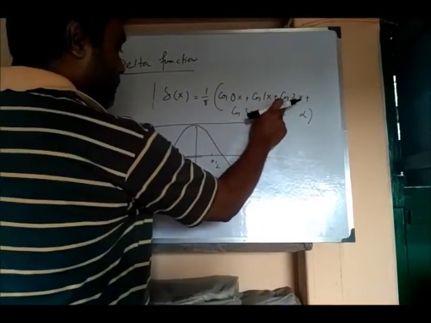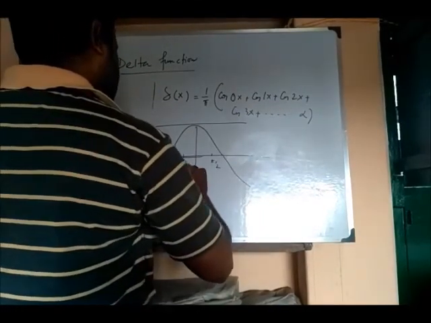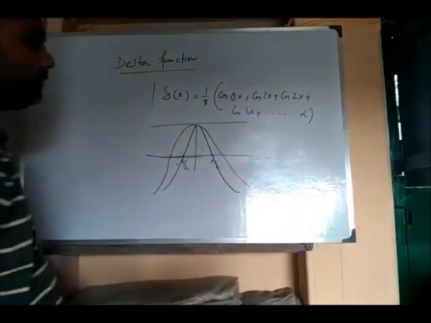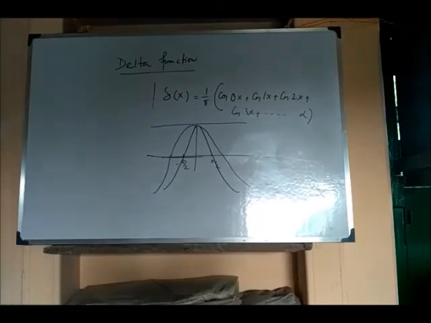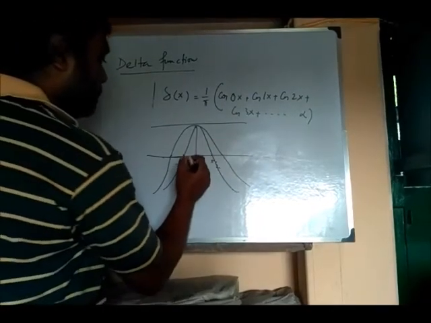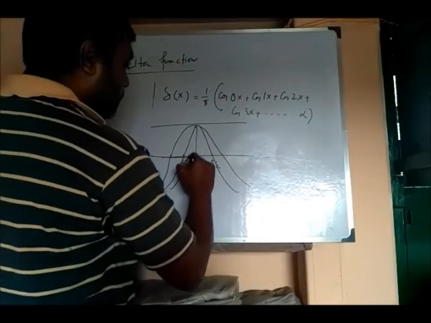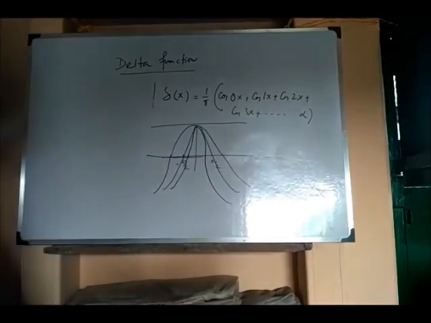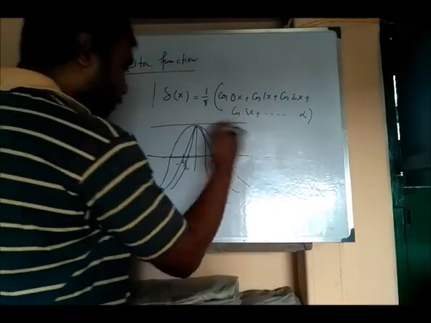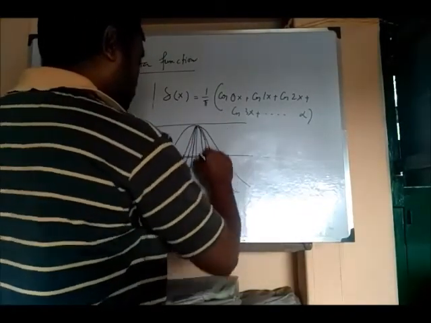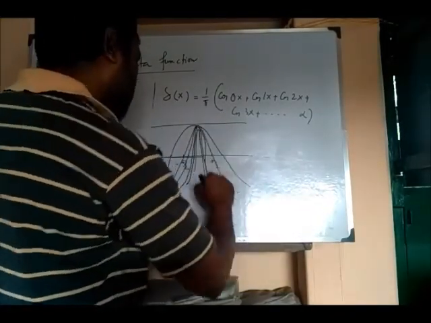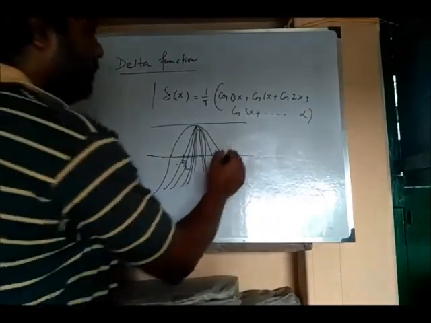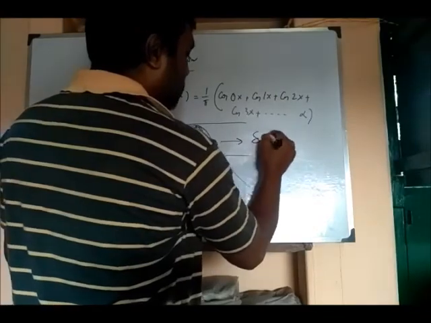As this is twice x, this function remains like this. Okay, now you add cos 3x, which has period pi by 3. So you are going to add this function, with 5 pi by 3 and 4 pi by 3 appearing as well. So you are adding all these functions to generate a delta function.